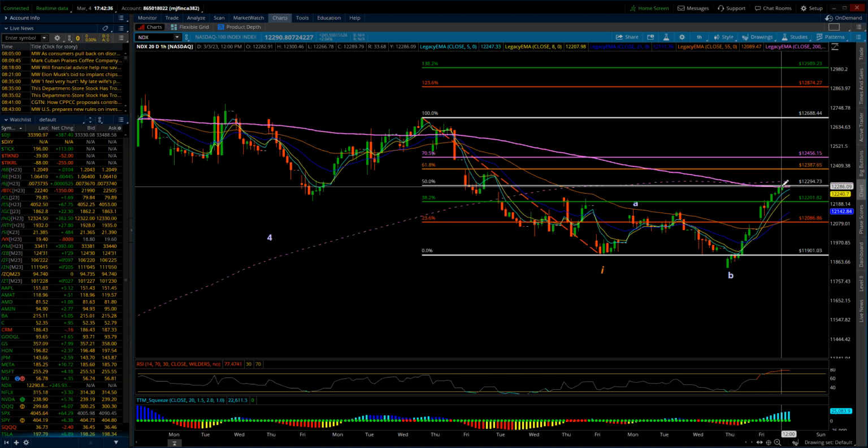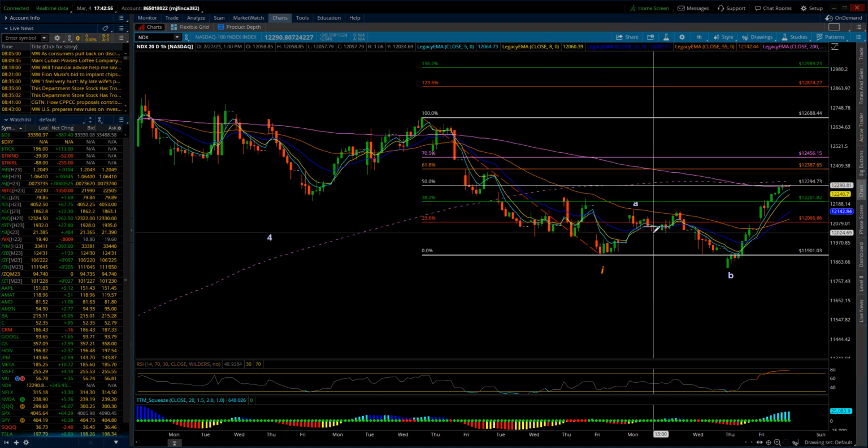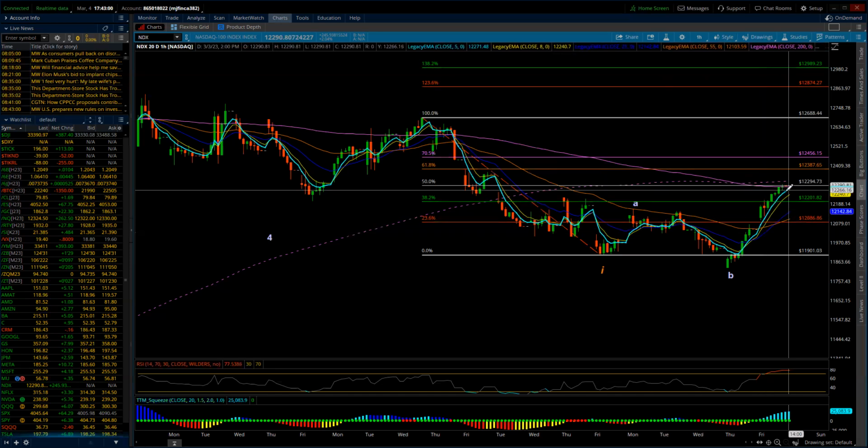And the reason is, of course, because the heaviest weighted stocks in the NASDAQ are also the heaviest weighted stocks in the S&P. The Dow, on the other hand, can go off on its own because the weightings are different. It's 30 stocks versus 500 and 100. But I would expect that the NASDAQ and the S&P will move together.